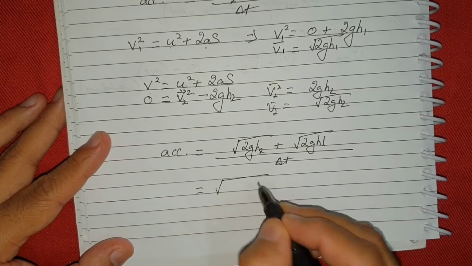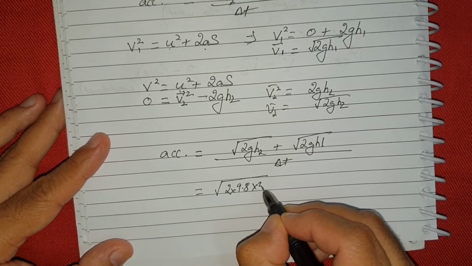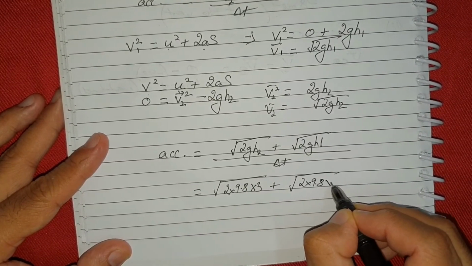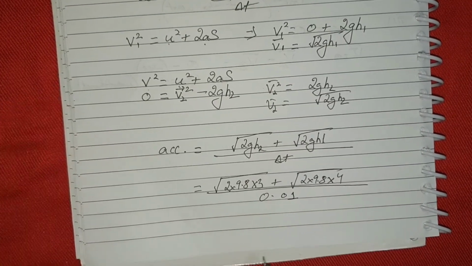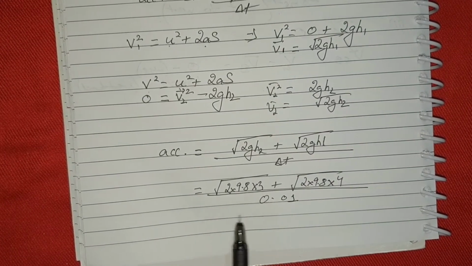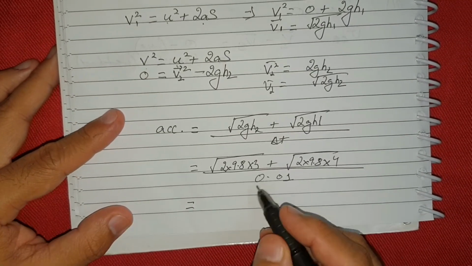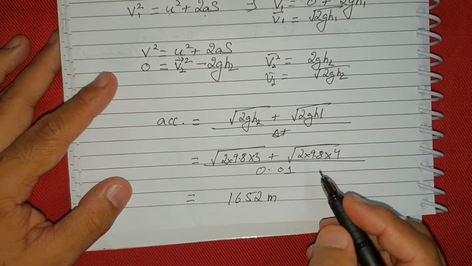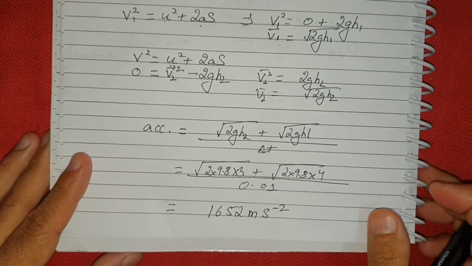This is under root of 2 into 9.8 into 3 plus under root of 2 into 9.8 into 4, upon 0.01. On solving this, your answer will be 1652 meter per second square. This will be your answer. Okay. Our next example.